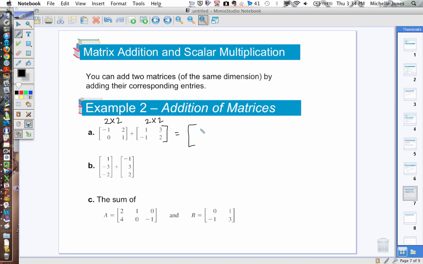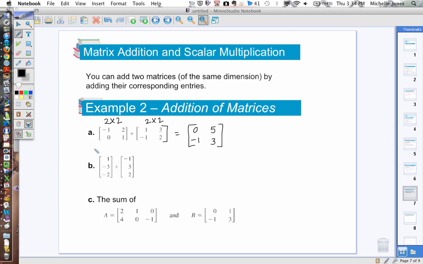Here I've got -1 plus 1 is 0. So that's my first location. And then I have 2 plus 3 is 5. So that takes care of my first row. Now my next row, I have 0 plus -1 is -1, and then 1 plus 2 is 3. So far, so good.